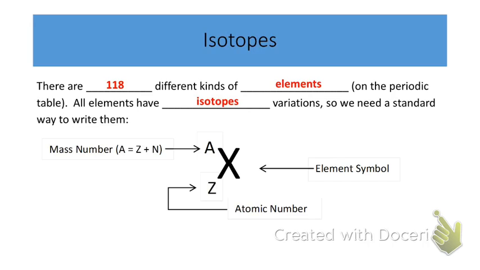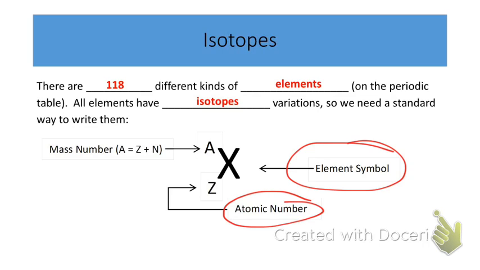So the X represents the element symbol, all right? And then the Z stands for the atomic number. Anytime you see a Z, it stands for the atomic number, and it's always written in the lower left-hand corner, as you see here pictured.